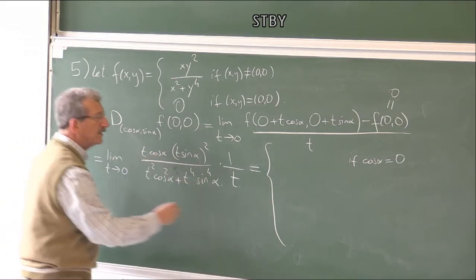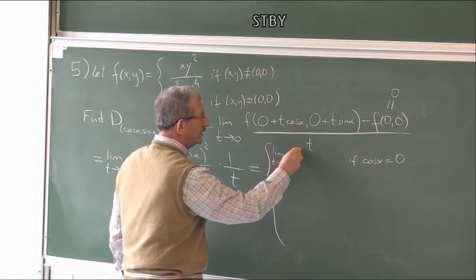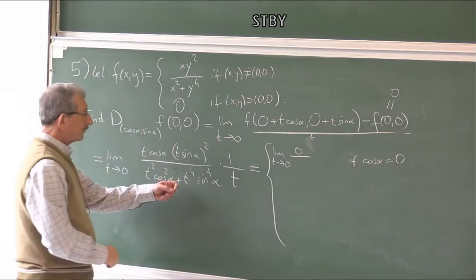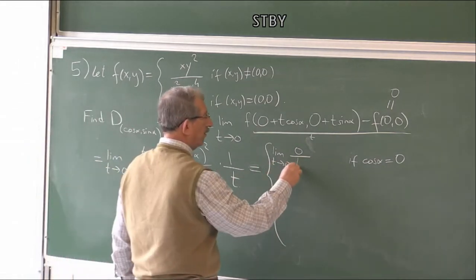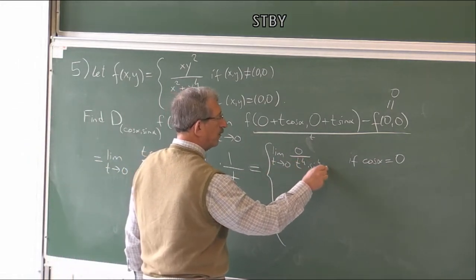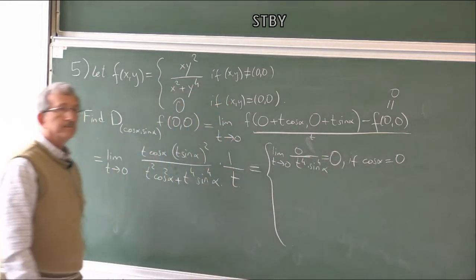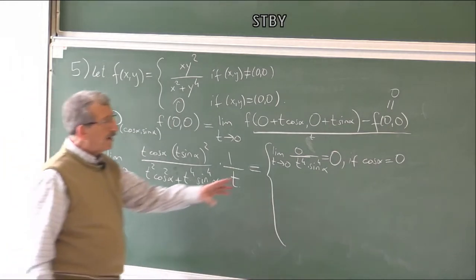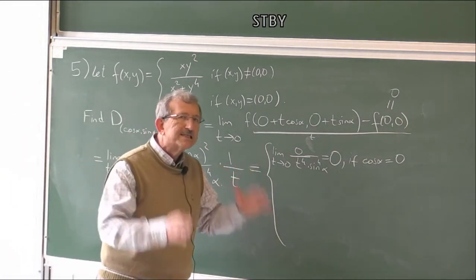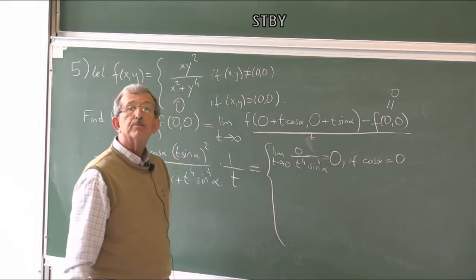In other words, it's the limit as t goes to 0 of 0 divided by t to the 4th sine to the 4th of alpha, which is, of course, 0, because the bottom goes to 0, but the top is not going to 0. It is equal to 0.